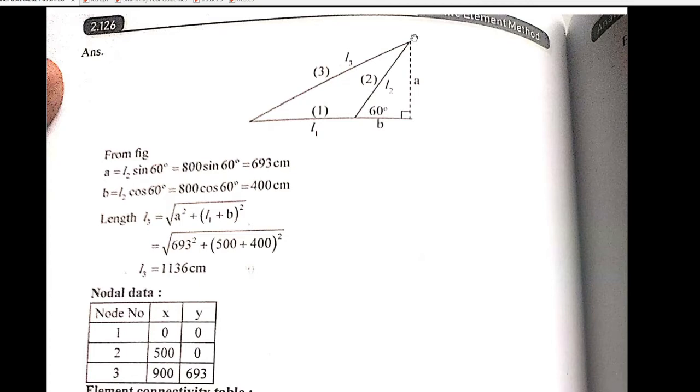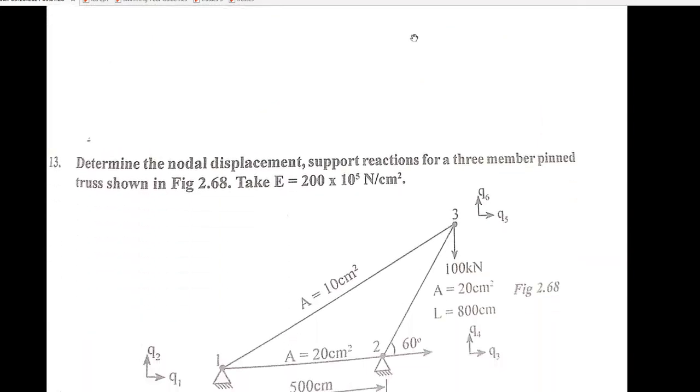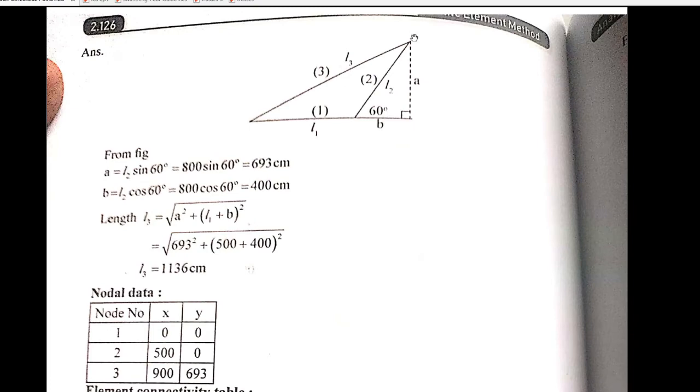L2 is 800, not 80. Everything is given in centimeter, so you can do it directly in centimeter, because Young's modulus is also given in centimeter.